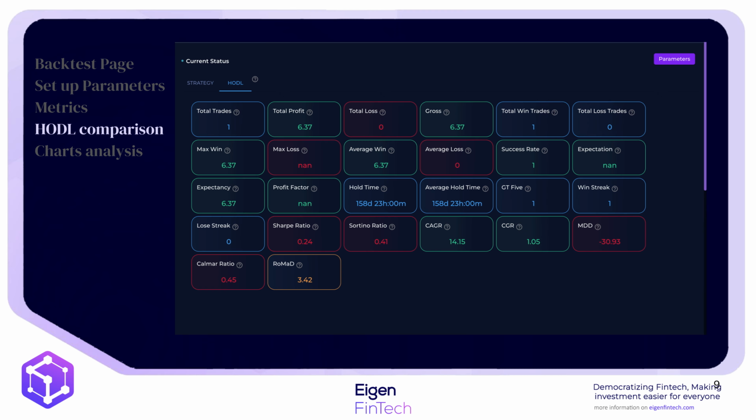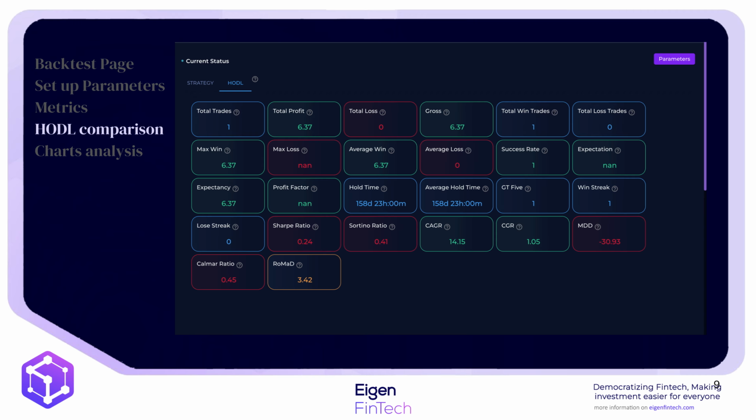That's the HODL roller coaster. Huge swings requiring iron nerves. Compared to your active strategy, HODL made 1/5 the profit, $6.37 versus $32.60, but endured nearly double the drawdown, negative 30.93% versus negative 18.1%.